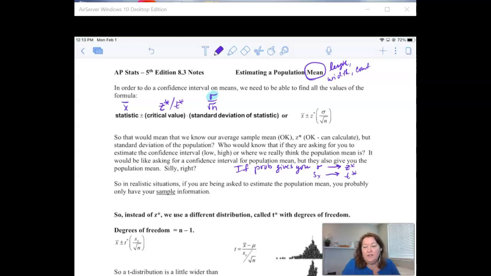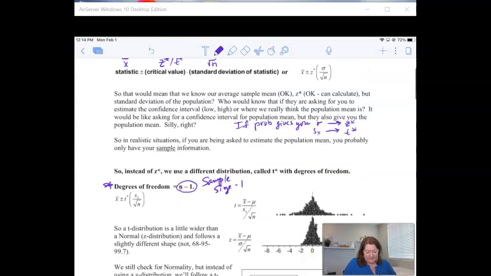Okay, so let's talk about how that changes a little bit. If we're going to use a t star score instead, we're also going to have to know one other piece of information, and that is degrees of freedom, which you just calculate by sample size minus 1. Okay, so sample size minus 1.